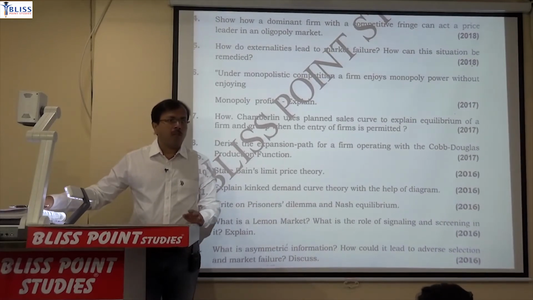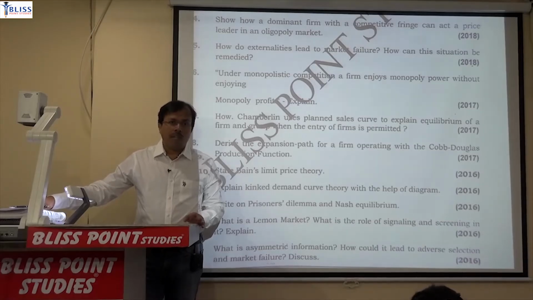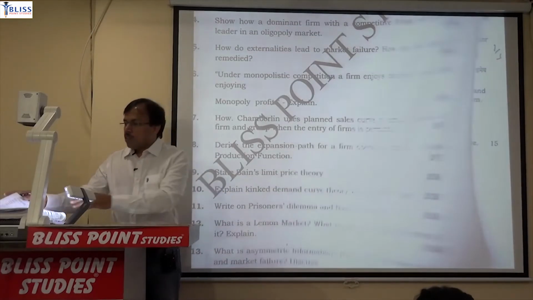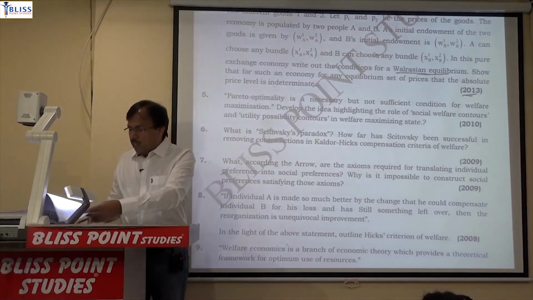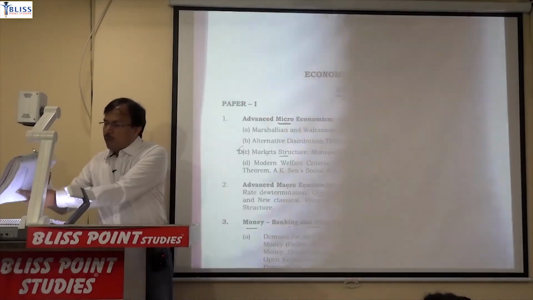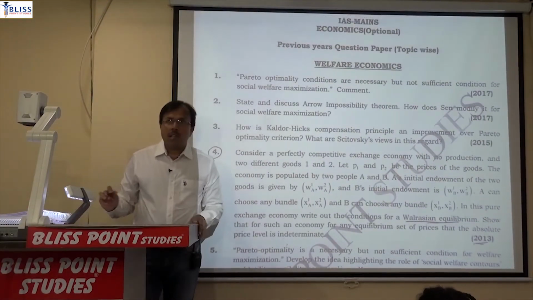That means the weightage for market structure is more as compared to Marshallian valuation approach, distribution theories or welfare economics. So we'll be starting with that important one, and similarly you will have topic-wise questions for all subtopics like welfare economics.